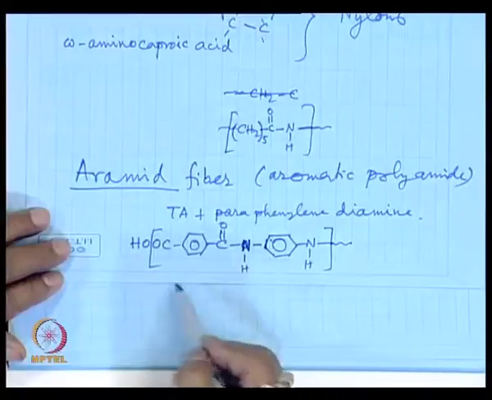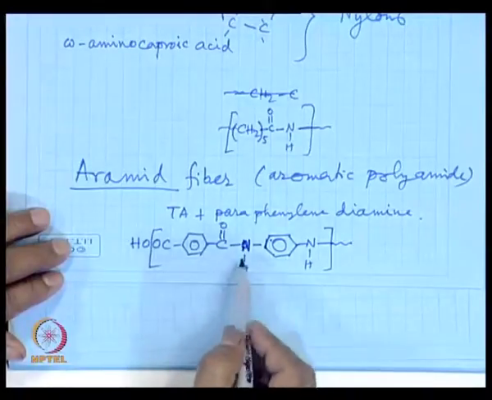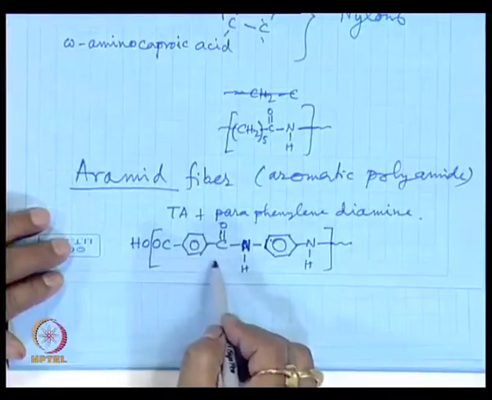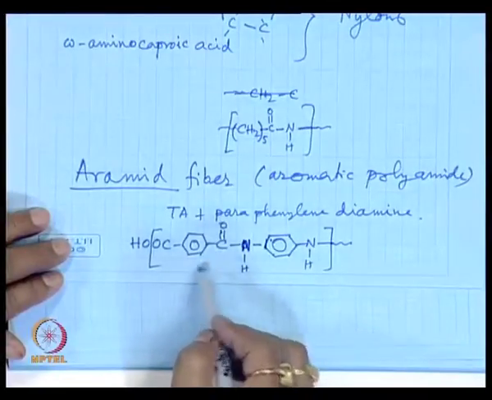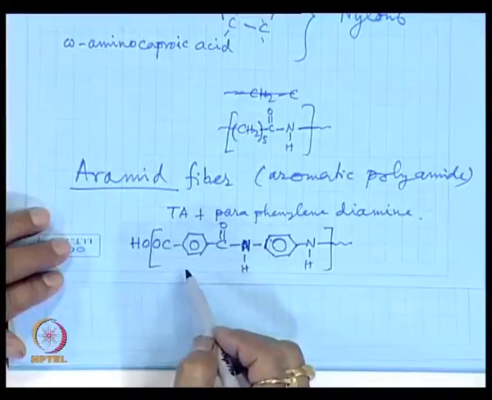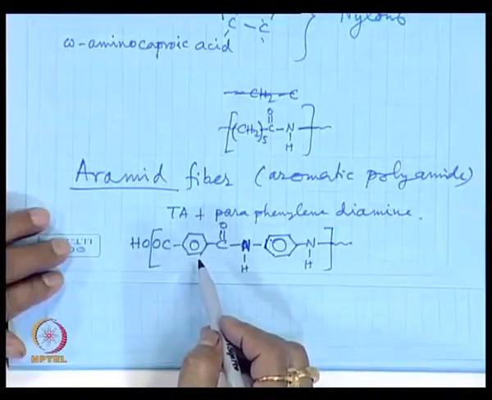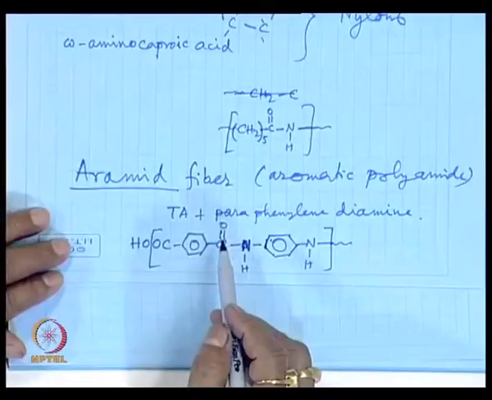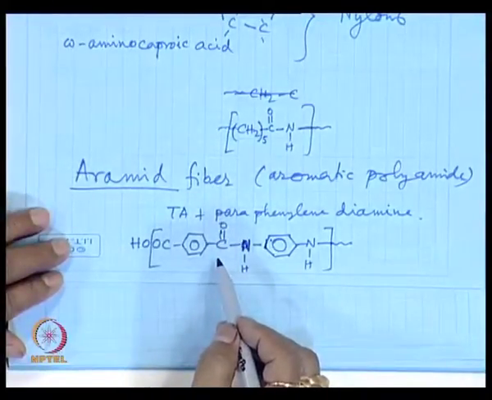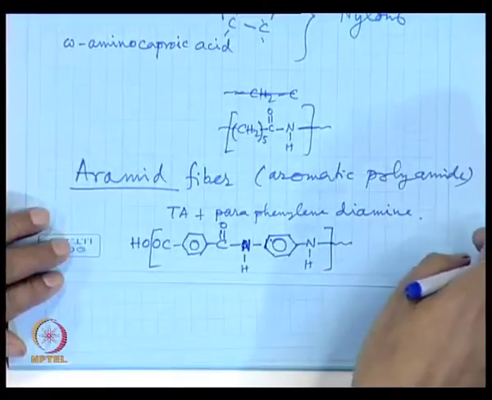Paraphenylene moiety, terephthalic acid moiety, one CONH group has come. So, this has the amide functional group CONH, it is an aromatic polyamide. You can take meta substitution as your meta isomer also, then it cannot lead to a fiber, but you can get film or other plastic, but these are high temperature polyamides, aromatic polyamides.